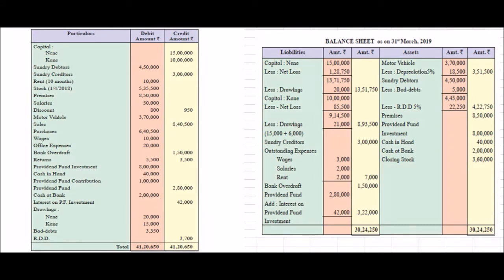Some entries already calculated in the balance sheet are passed in the P&L account also. According to the adjustments, we need to solve the problems. Now I am going to the balance sheet. There was a capital account.